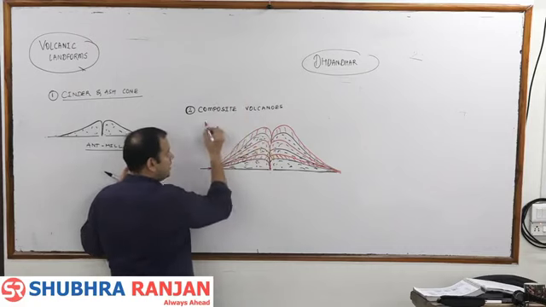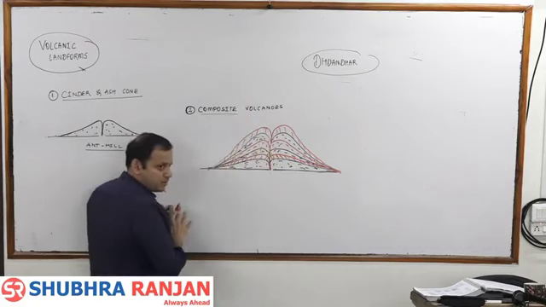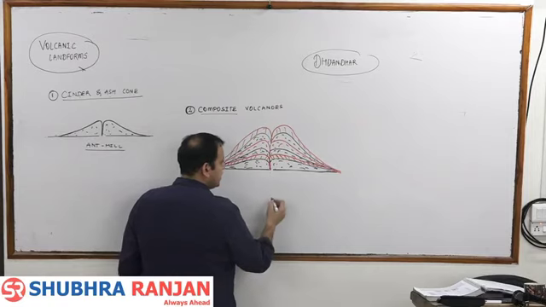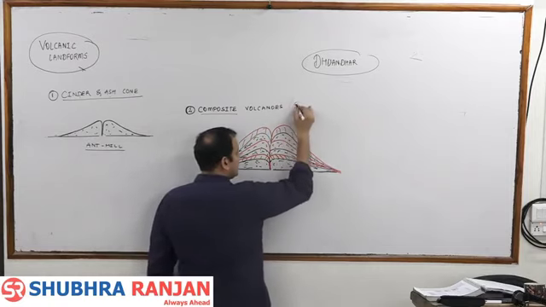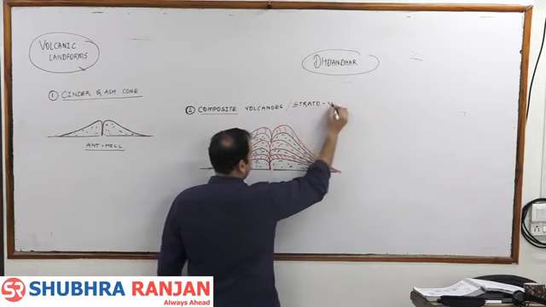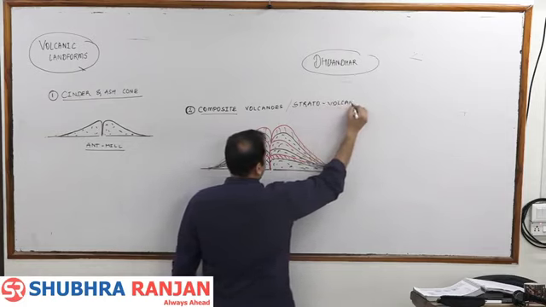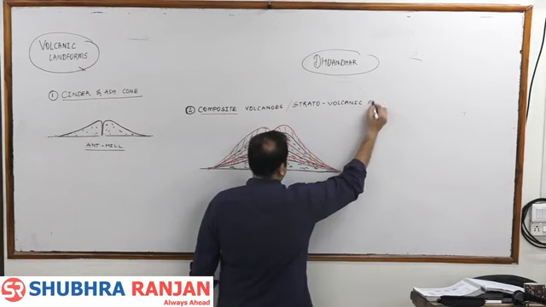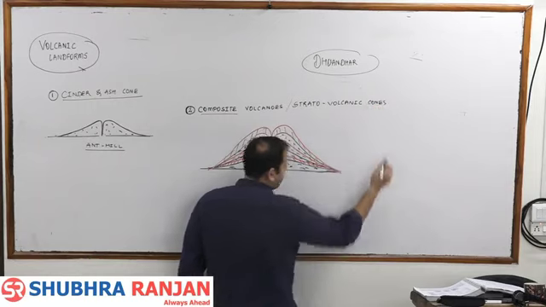The gas will escape, therefore it is known as composite or complete. These are found in alternate layers, and therefore they are known as stratovolcano. Strata means layer.